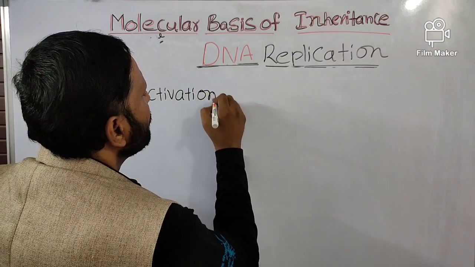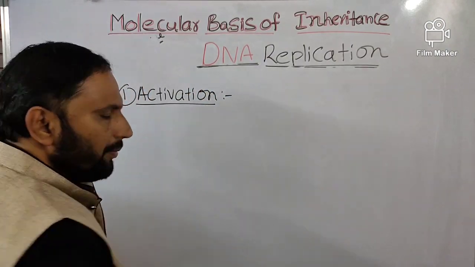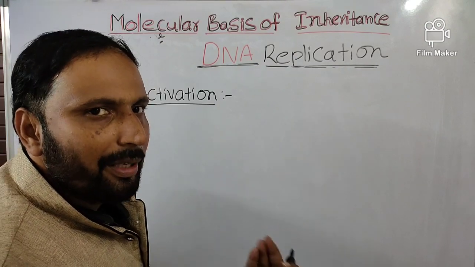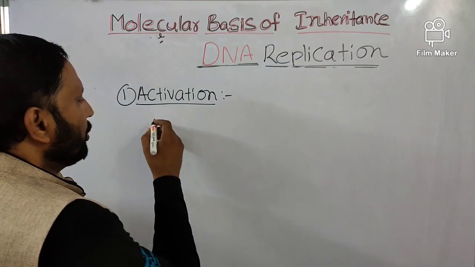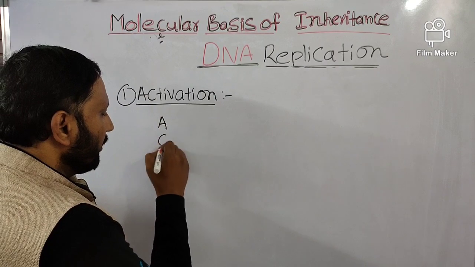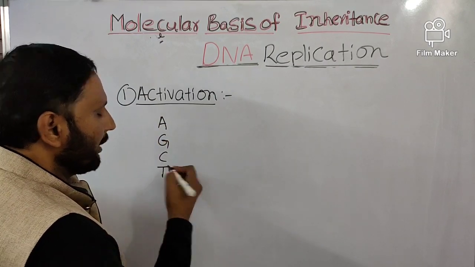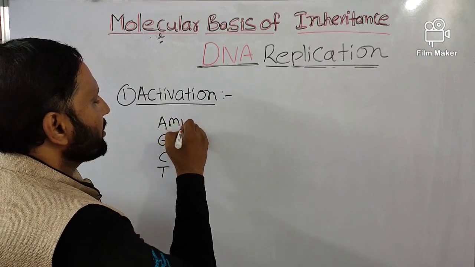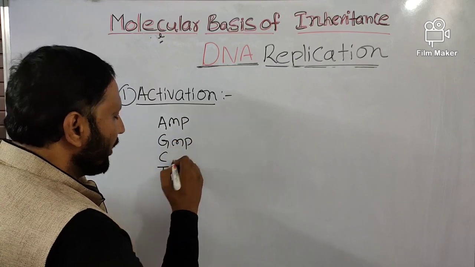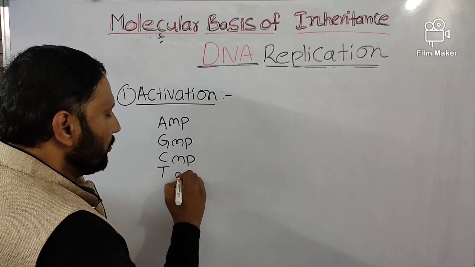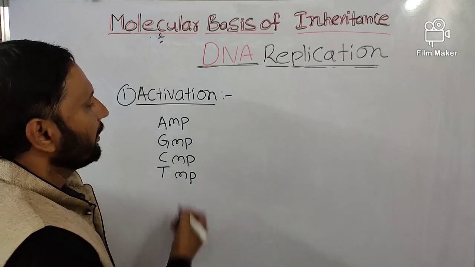Activation of nucleotides is nothing but phosphorylation. Actually, the nucleotides adenine, guanine, cytosine, thymine are present in adenosine monophosphate, guanosine monophosphate, cytosine monophosphate, thymine monophosphate.